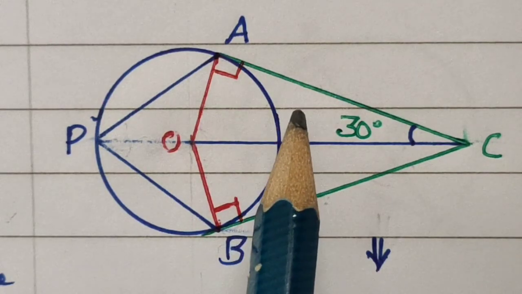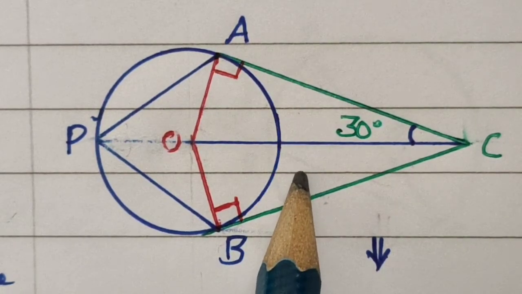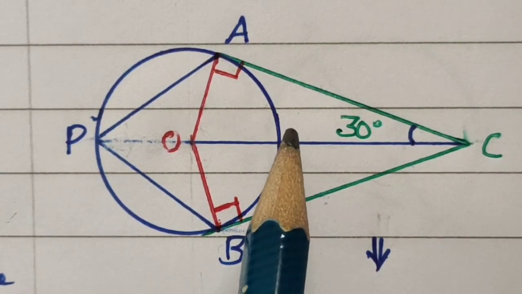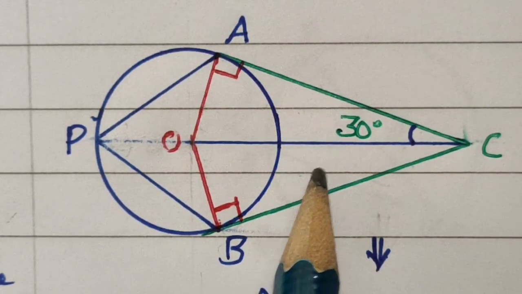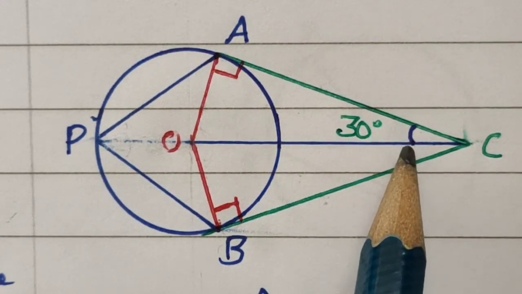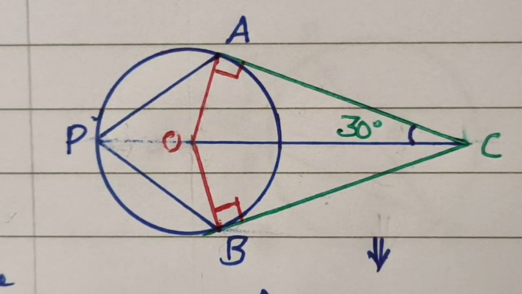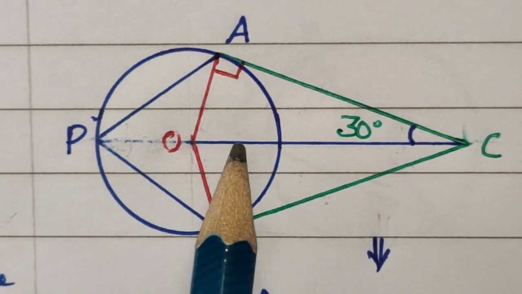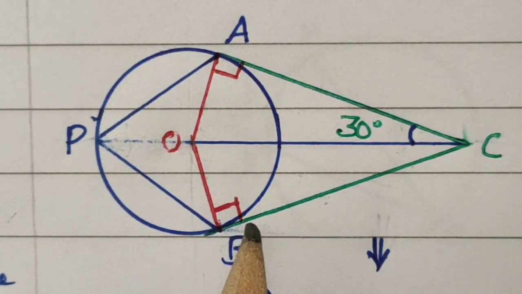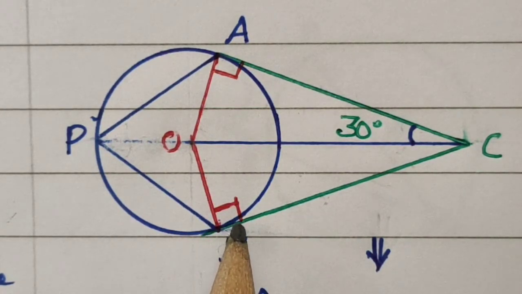Therefore, this triangle is congruent to this triangle. Once these two triangles are congruent, by CPCT this angle is equal to this angle. We found one part of the question. We found that BCO is equal to 30 degrees.